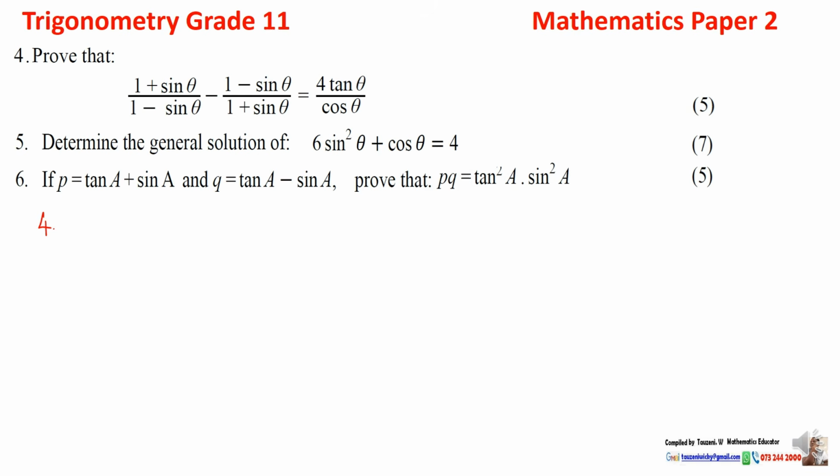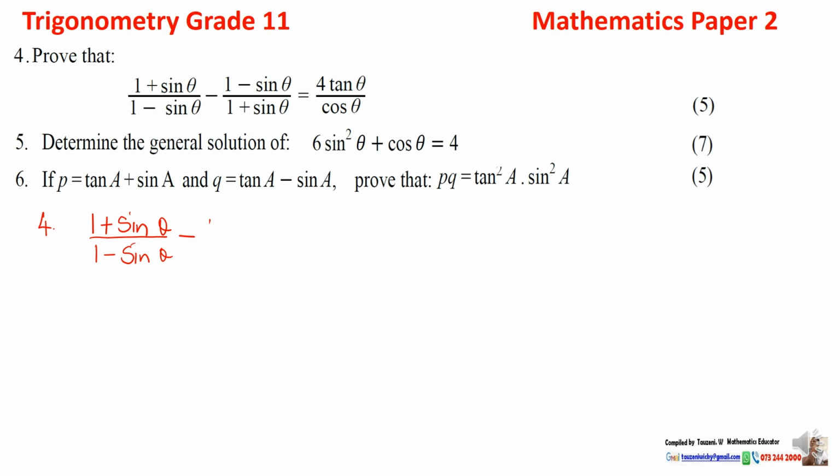Now, at grade 11 level, our identities are very straightforward. You need to know that cos squared theta plus sine squared theta equals 1. That is the major one. Then another major one is sine theta divided by cos theta equals tan theta.